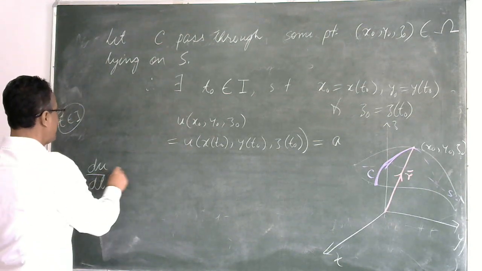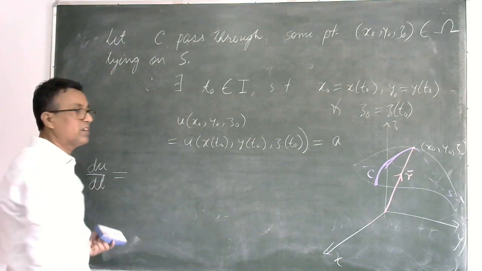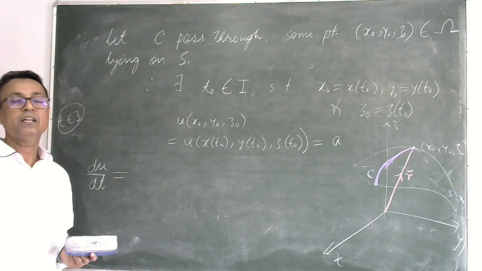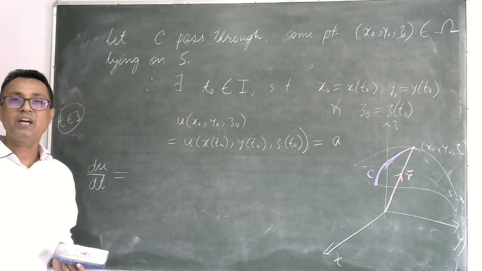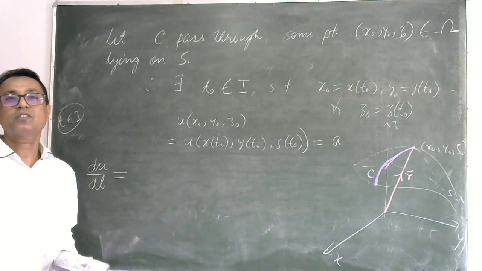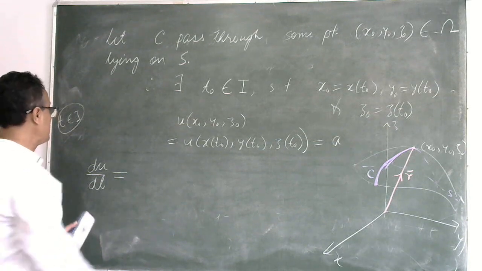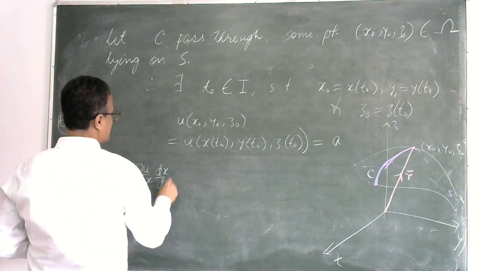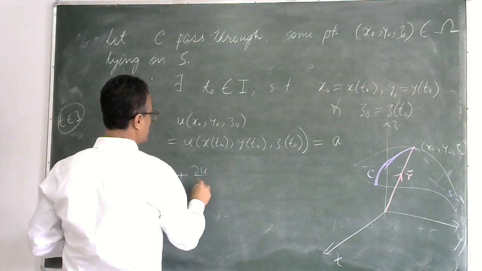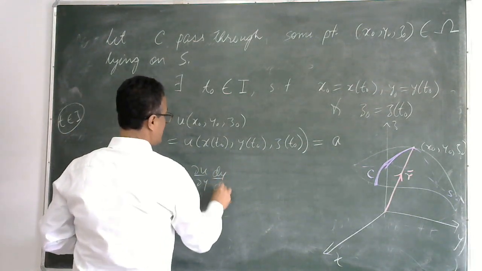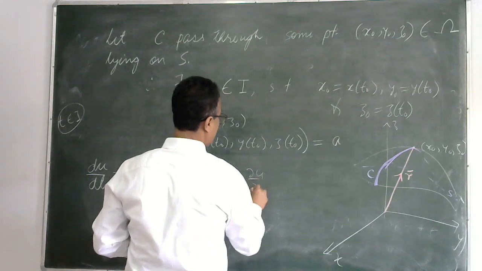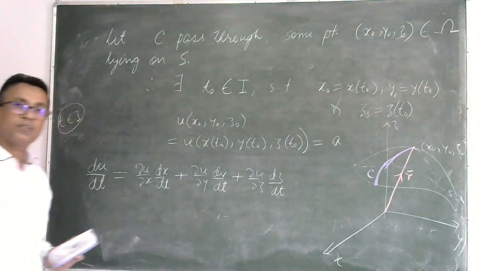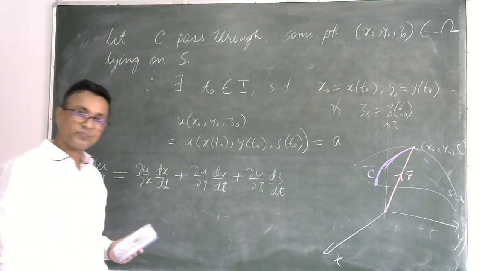Then you know that u is a function of x, y, and z, and x, y, z themselves have been parameterized by the single parameter t, right? So du/dt is simply del u del x dx/dt plus del u del y dy/dt plus del u del z dz/dt. Is it okay?